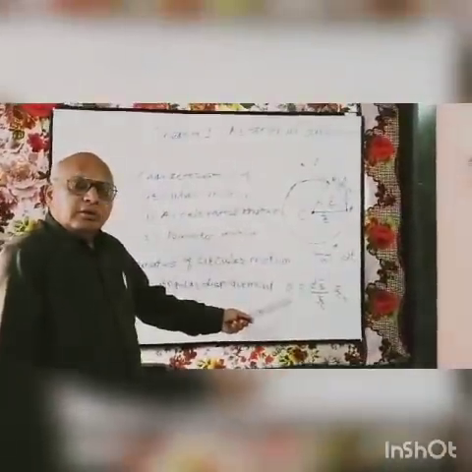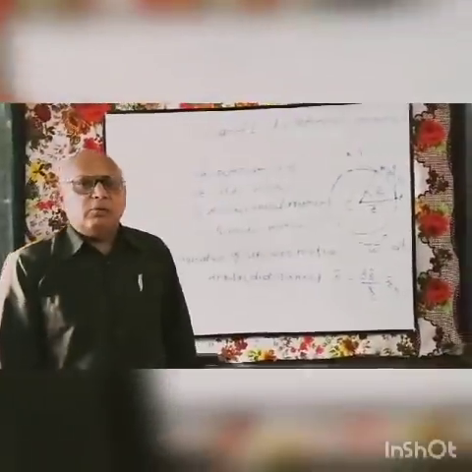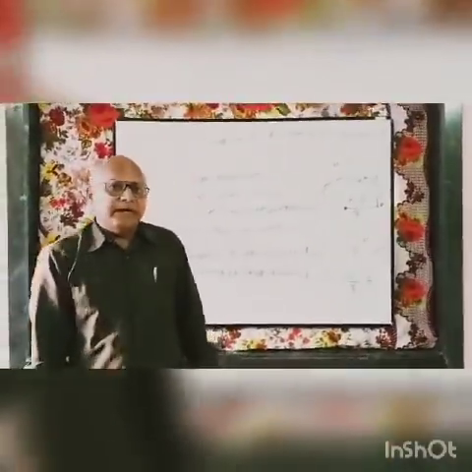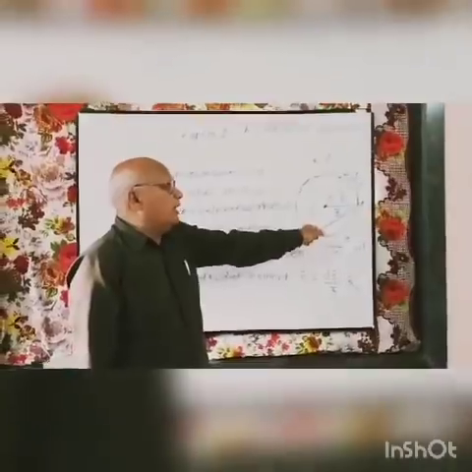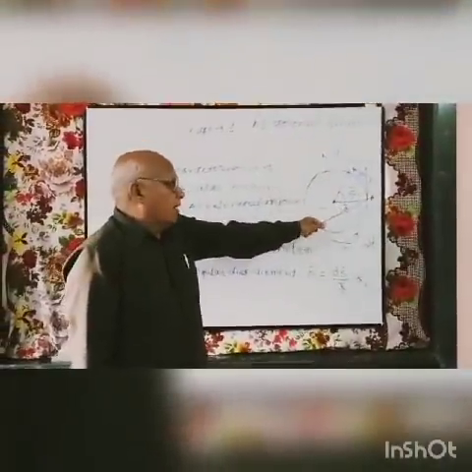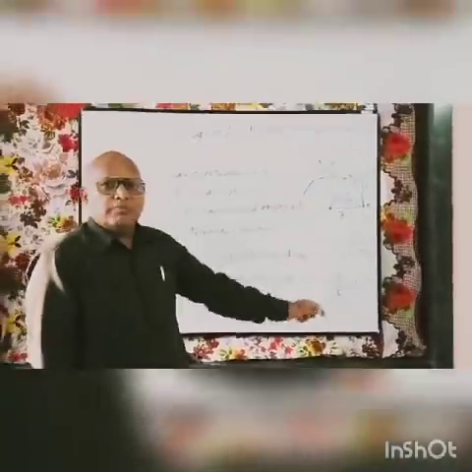So what is angular displacement? Actually, we have learned this definition in 11th standard. It is the angle traced by the radius vector at the center when a particle is performing circular motion along the circumference of the circle.